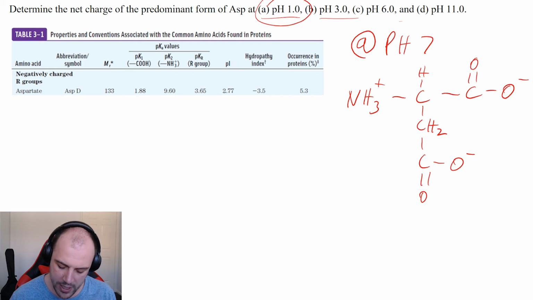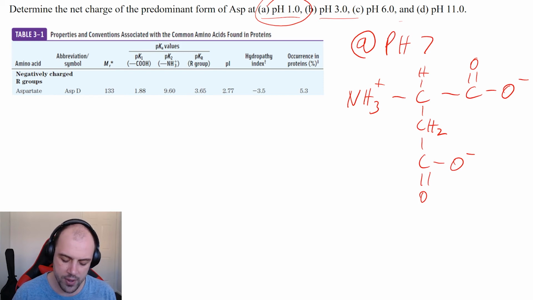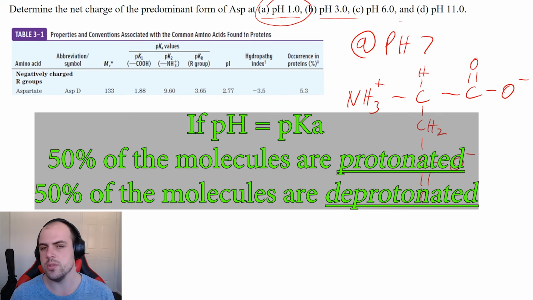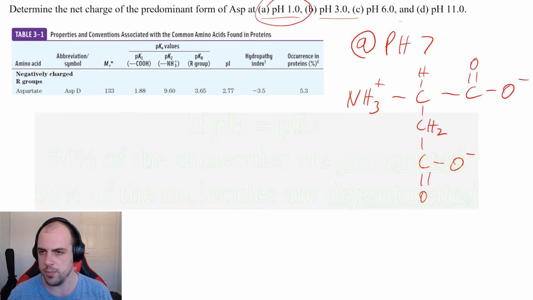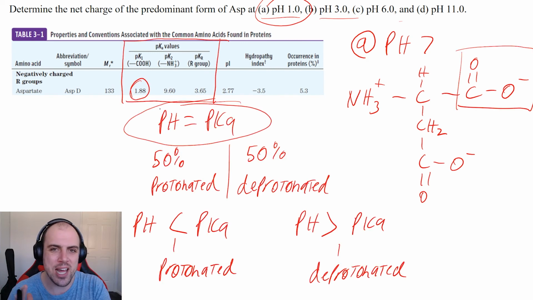If the pH is greater than our pKa, I want you to assume deprotonated. And of course, if we have our pH equal to the pKa, then I want you to assume 50% protonated and 50% deprotonated. Now, as I've already alluded to, this is not strictly speaking true. It is a little bit more complicated, a little bit more of a sliding scale and not so cut and dry. But as we're starting off, this is fine.